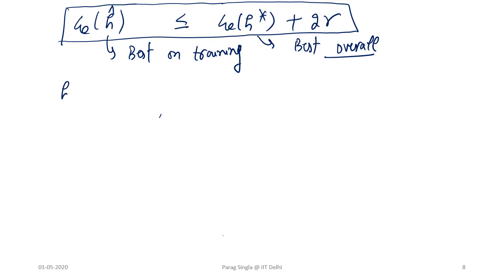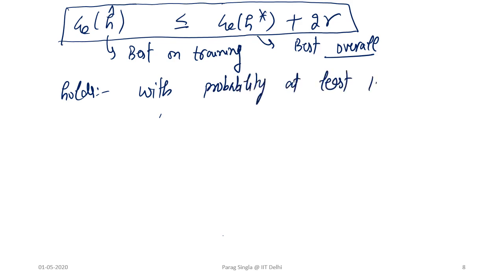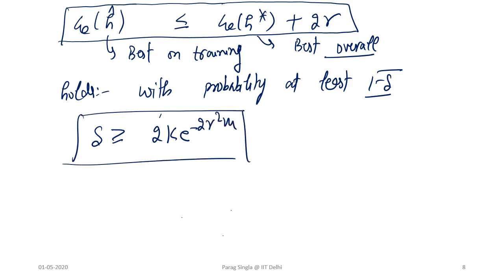And the above result holds with probability at least 1 minus delta, which bounds the error of the best on the training in terms of the overall generalization error. And recall that here, once again, delta is greater than or equal to 2k e to the minus 2 gamma squared m, where the symbols are as defined earlier.